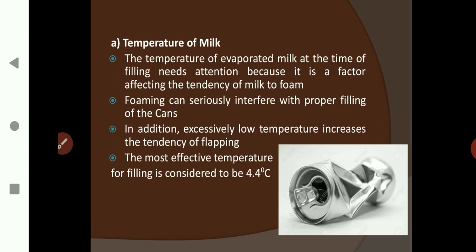Why I told you in the last slide the can should be filled as nearly full as possible, because if there is air, when you heat it, it will expand, and the cans will bulge. The temperature of filling should be around 5 degrees Celsius.